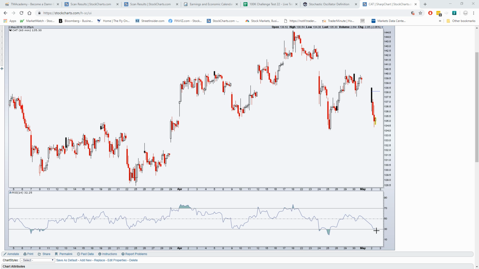Not something I've ever seen used effectively for exits. We'll talk about better indicators for exits, things like a money flow index, even the parabolic SAR that Wells Wilder used, and we'll go take a look at those. But to use the RSI for exits doesn't make any sense. To use it for failure swings makes a lot of sense.